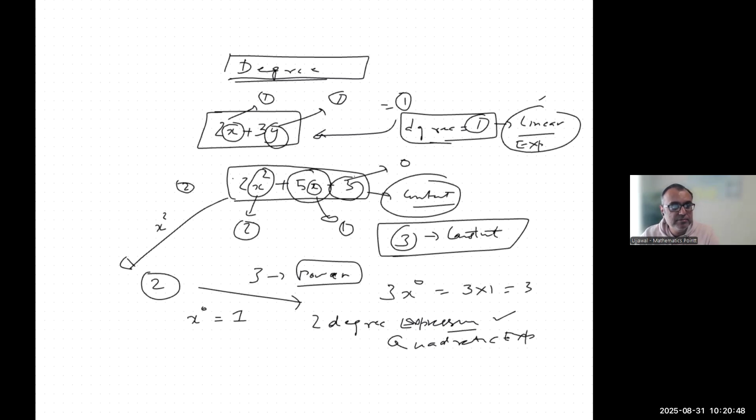Let's add another page. I'm going to the next page, guys. Page number 3. All good. Now, we've learned the polynomials and we've learned their degrees. So a monomial can be a quadratic.